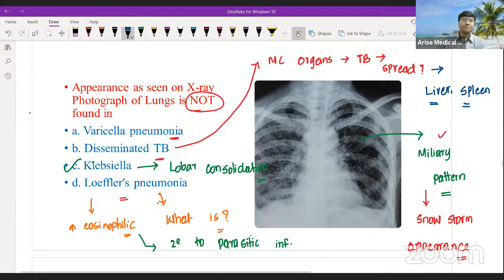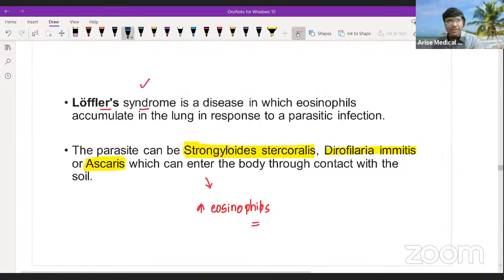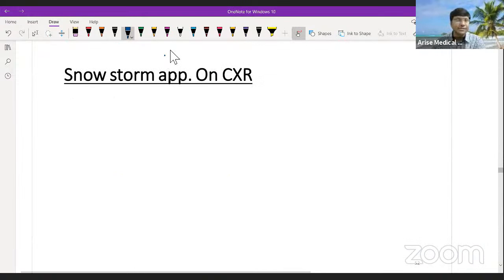Now, there is an important question: what are the conditions where you will have the snowstorm appearance on the chest X-ray? Can anyone tell me this? Number one, varicella zoster pneumonia.